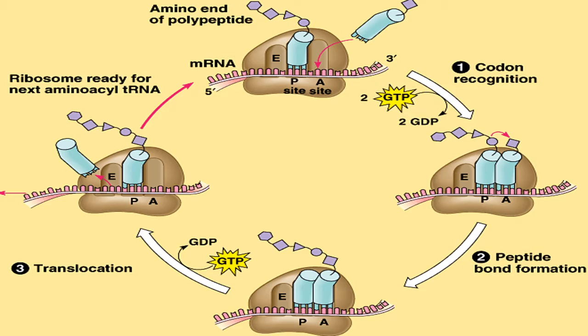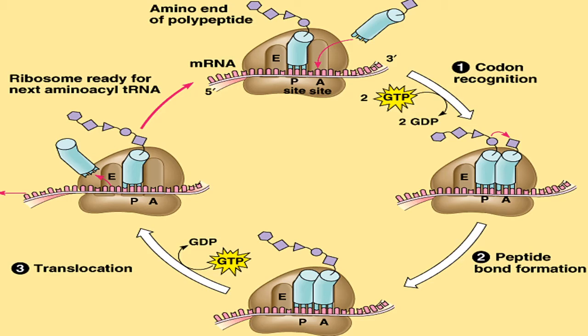Next, peptide bond formation. The amino group of the aminoacyl tRNA in the A site bonds with the carboxyl group of the peptidyl tRNA in the P site, catalyzed by peptidyl transferase of 28S rRNA.